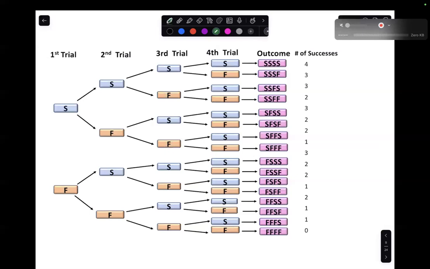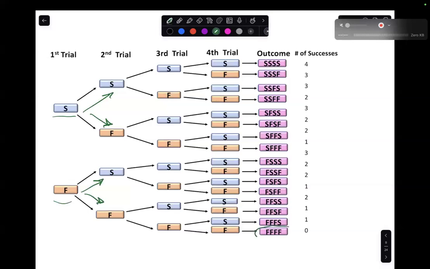Okay, so I start off with my first trial. I can have a success or a failure. Coming off that success, I can have another success or another failure. Or coming off this failure, I can have a success or another failure. And then off the next ones, I can have success or failure on each of them. Take a look here. I have one way to get 4 successes and one way to get 4 failures.